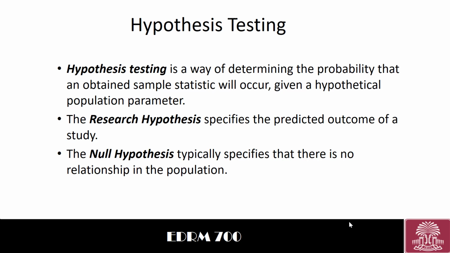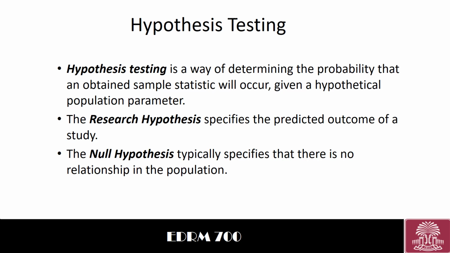Hypothesis testing is a way of determining the probability that an obtained sample statistic will occur in a given hypothetical population parameter. Our research hypothesis specified the predicted outcome of the study.